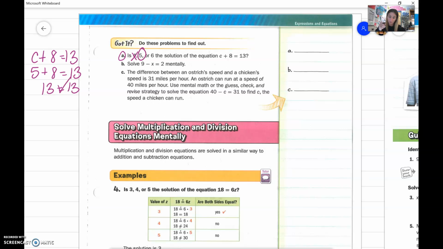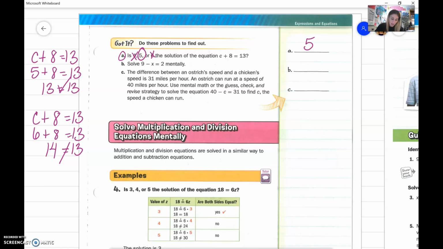So yes, that one works, but we still want to try 6. So c plus 8 equals 13. I'm going to take my 6 plus 8 equals 13. Well, I know 6 plus 8 is 14. Does 14 equal 13? No, that is not equal. Therefore, my answer is 5.